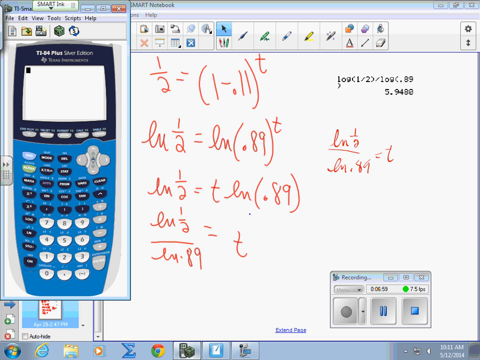Plug this in our calculator. We have ln of 1 divided by 2, close parentheses, divided by ln of decimal .89, close parentheses. And you get 5.9480.